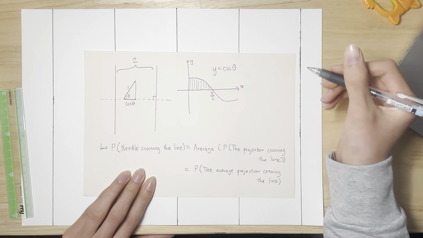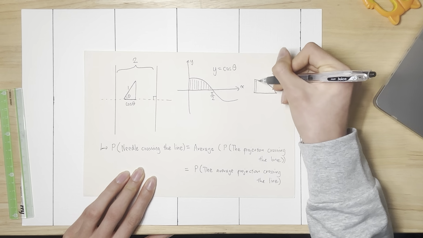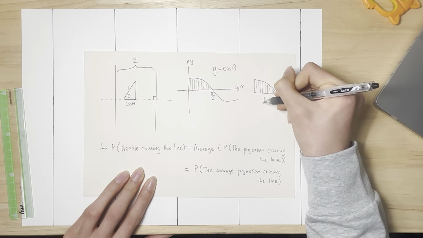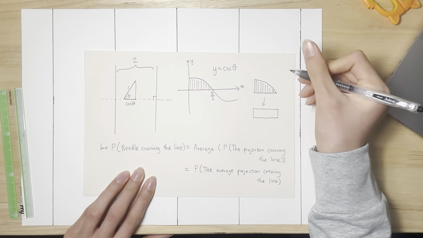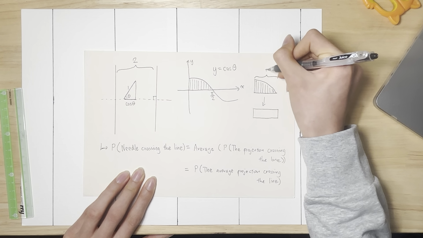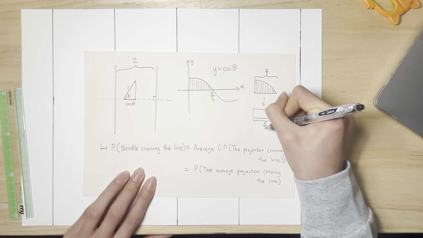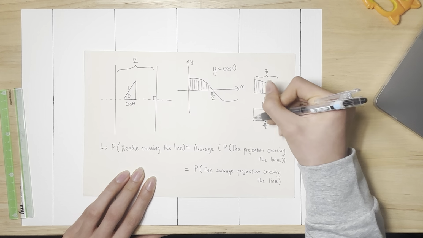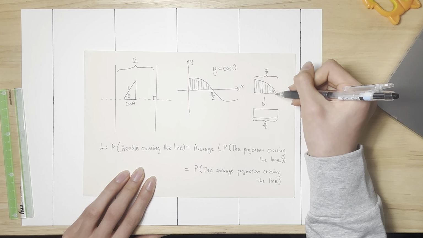But let's imagine this. What if this part right here is being squished into this shape? And since this length is pi over 2, and let's also say this length is pi over 2, and let's also say that the area of this rectangle equals the area of this part.